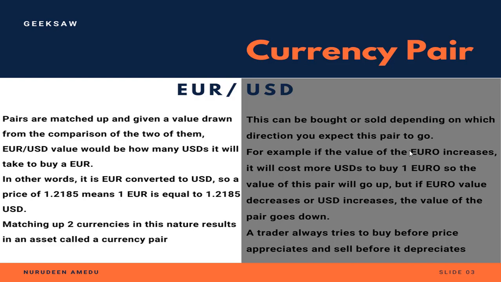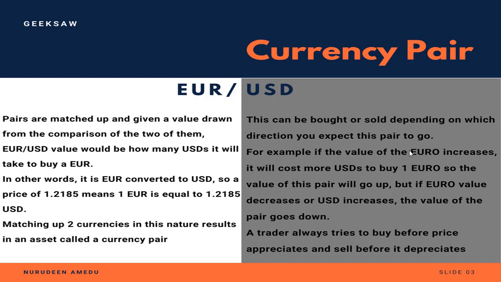In other words, it is the euro converted to USD. So a price of 1.2185 means 1 euro is equal to 1.2185 USD, which is euro divided by USD. That's also the same thing. Matching up two currencies in this nature results in an asset called a currency pair.